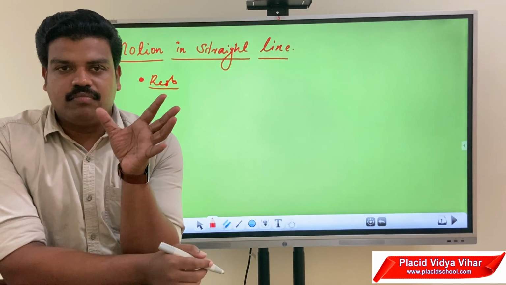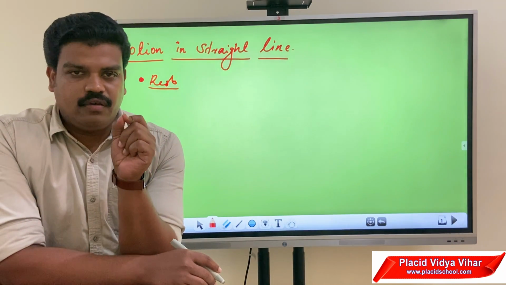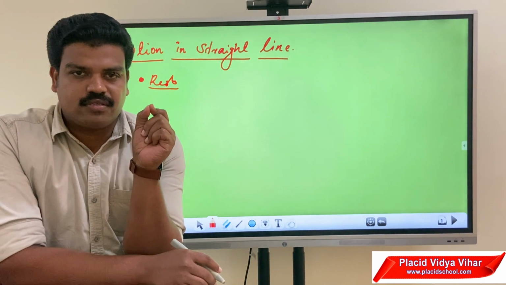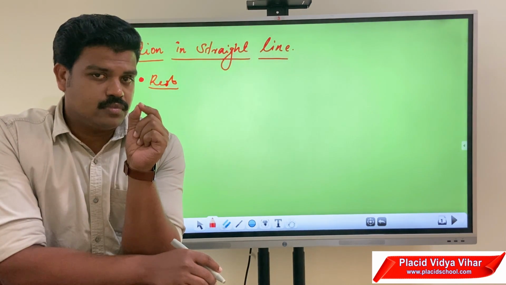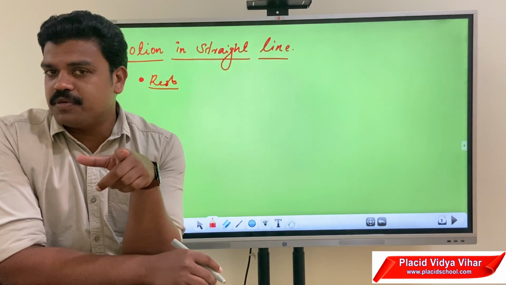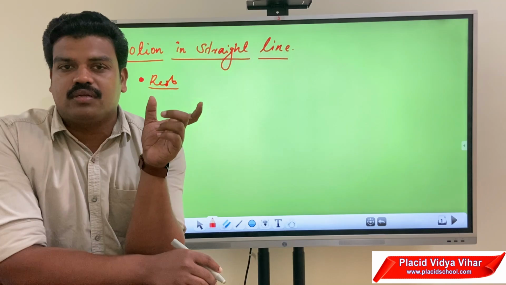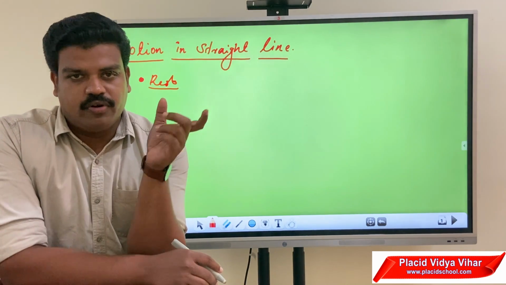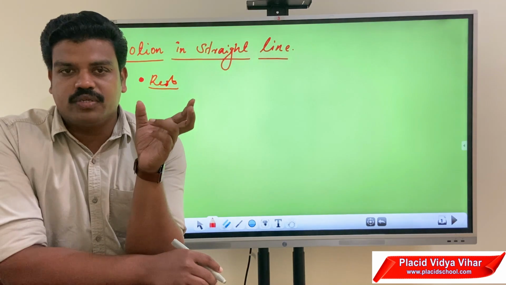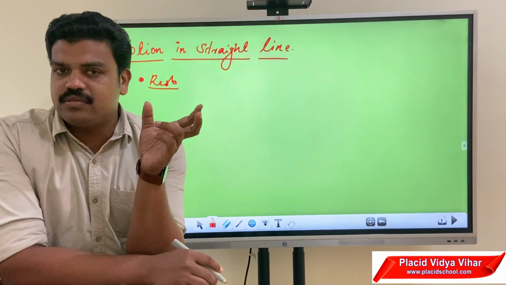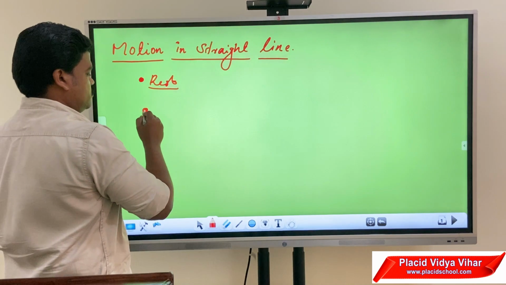When we say a body is at rest, if its position does not change with respect to time and the surroundings, not only with respect to time but also with respect to the surroundings, then the body is said to be at rest. The second thing is motion.